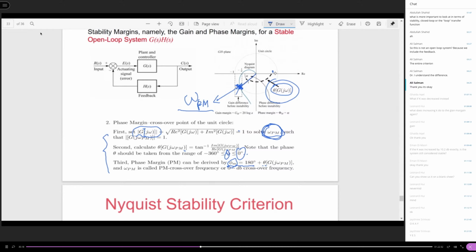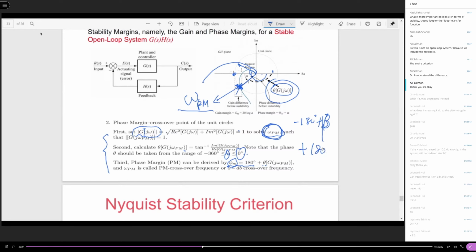You calculate this theta. You could have a plot like this. The crossover happens, and then you have a vector here, and this angle is minus 180 degrees plus this angle, let's say this is beta.